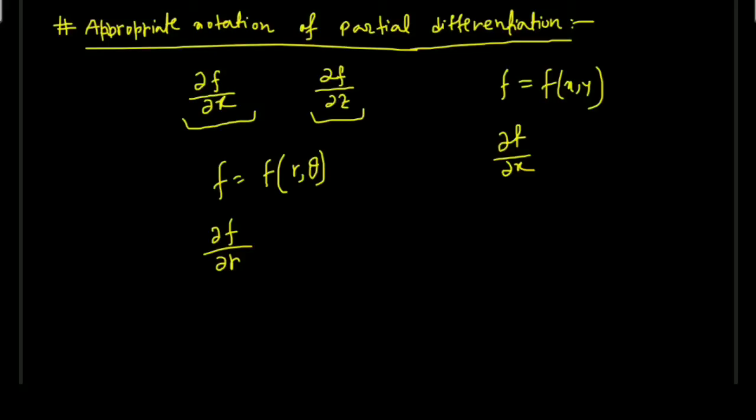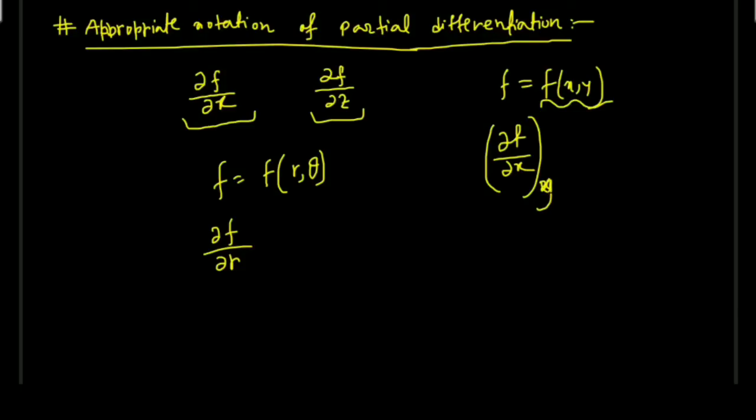You can mention del f del x at constant y like this. But in this case it is unnecessary, because when the function is only of x and y, it is obviously del f del x with respect to y constant.